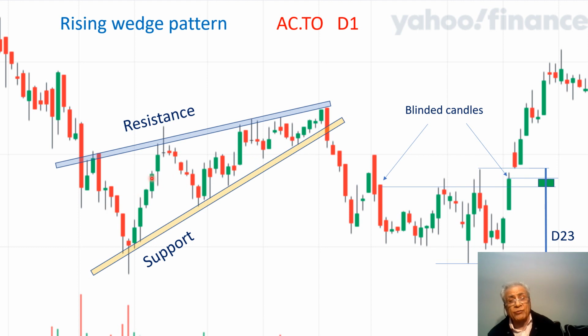Now the upward trend inside loses its momentum and speed, and finally the bears overcome and break the support and go downward. So the same downward trend continues going downward.